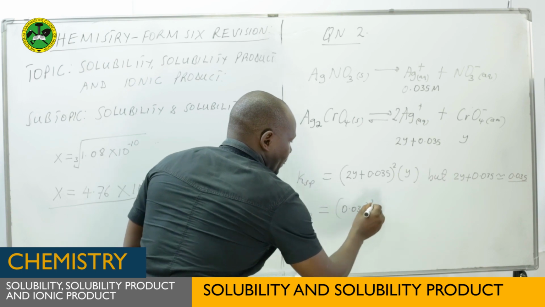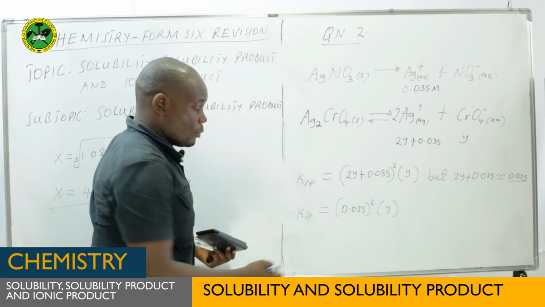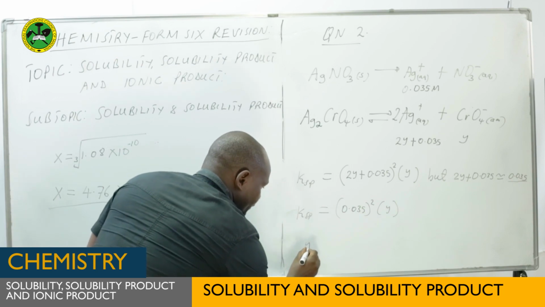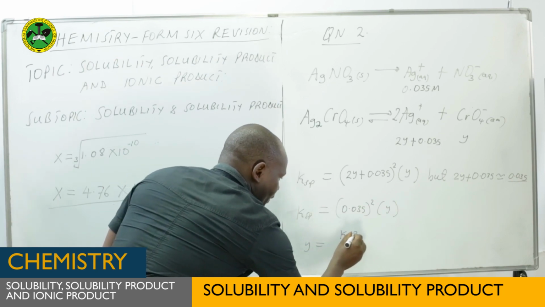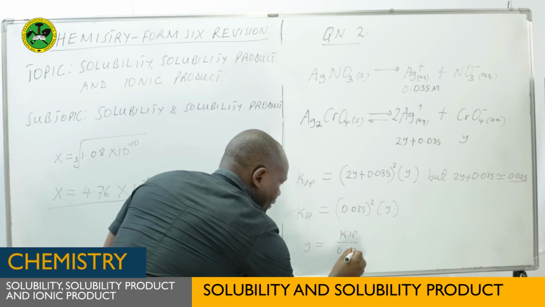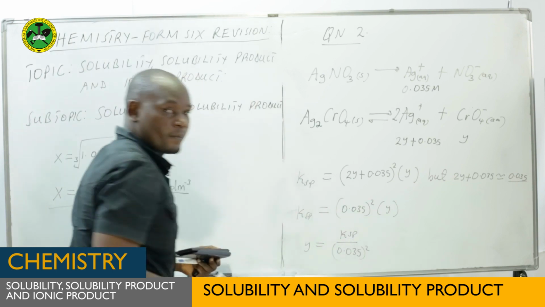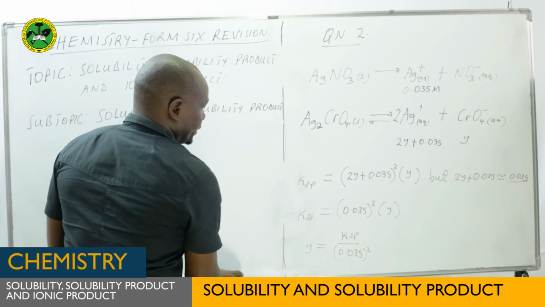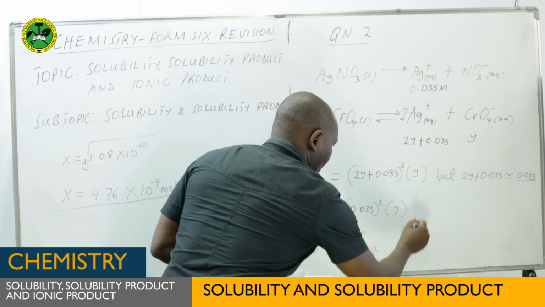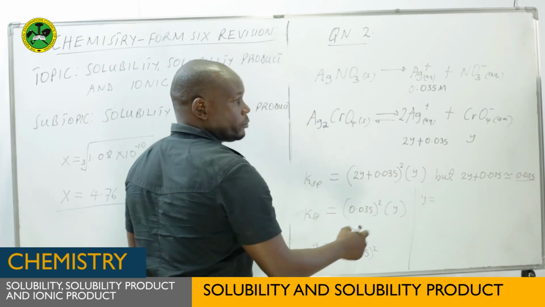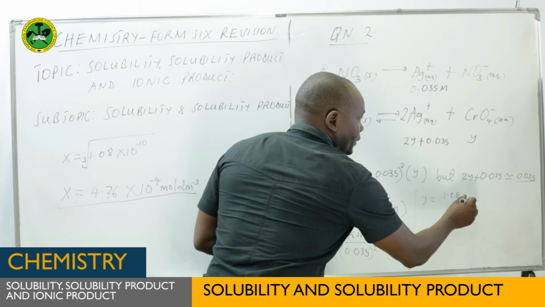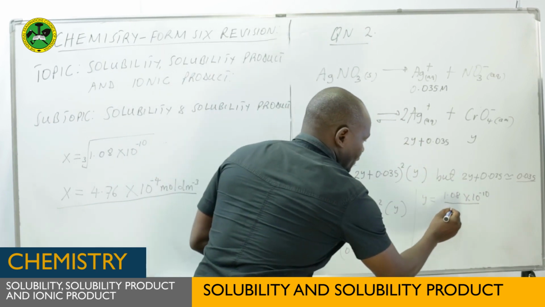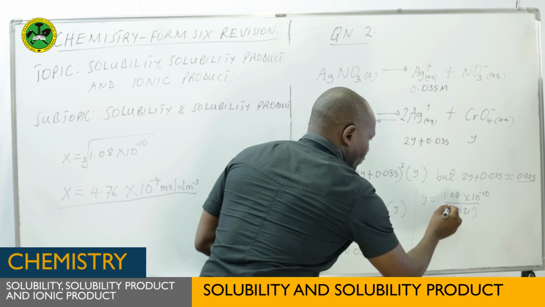So if we now consider, our Ksp will be equal to 0.035 squared, then times Y. We are looking for solubility, which is Y now, and we have the Ksp. So Y here will be equal to Ksp divided by 0.035 squared. Now use your calculator to find it. Y will be equal to Ksp, which is 1.08 times 10 power negative 10, then divided by 0.035 squared.